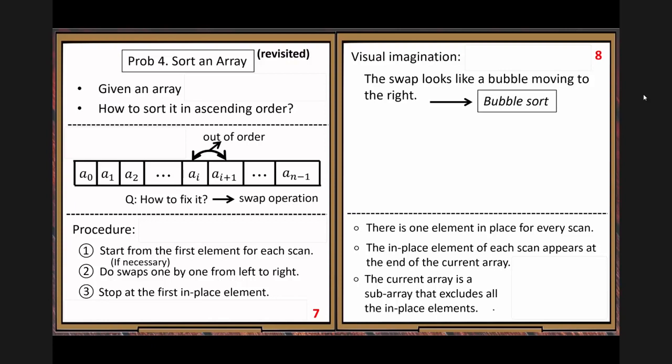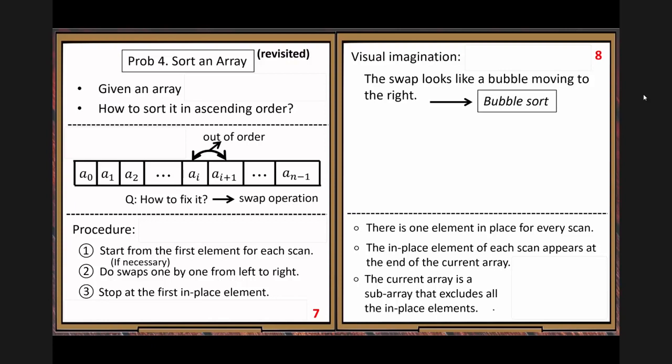But when you learned it the first time, you didn't use the inversion concept, right? You just used two nested for loops and worked on it. That's it.